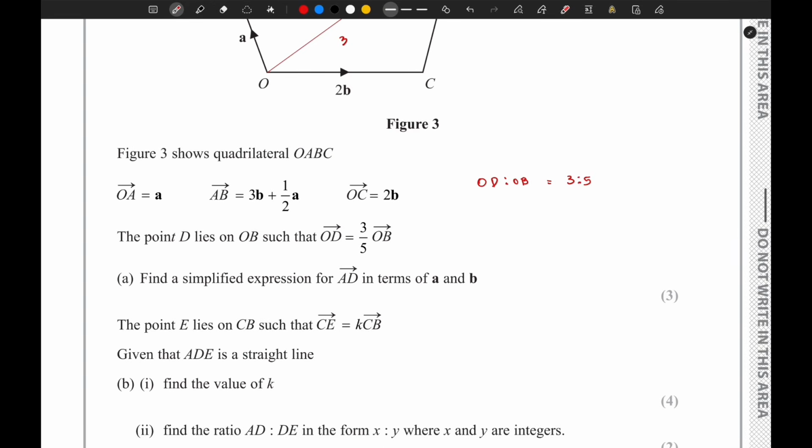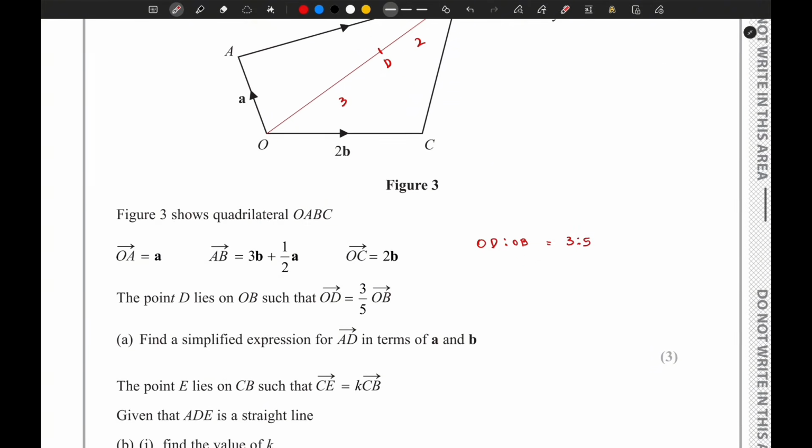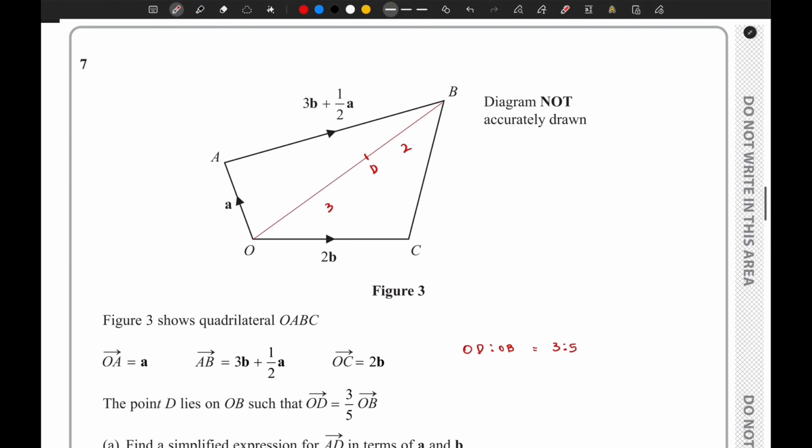Find a simplified expression for AD in terms of a and b. Now let's first find out the OD vector. We can say that the OD vector equals 3 over 5 of OB, and we can write the OB vector as the vector OA plus the vector AB.